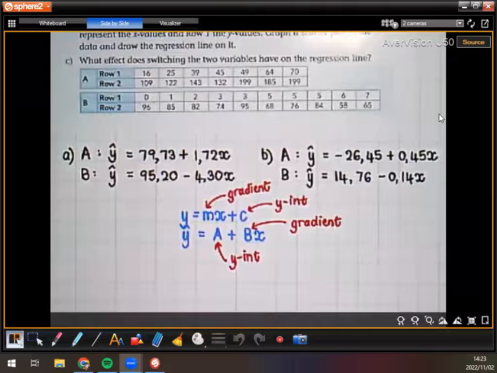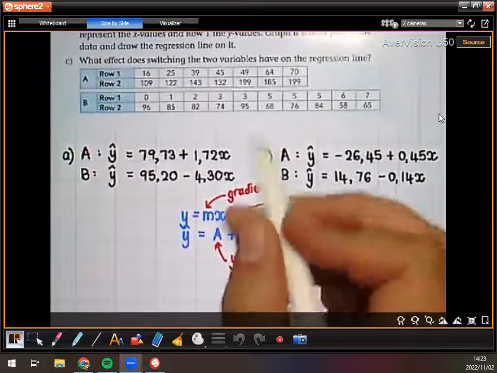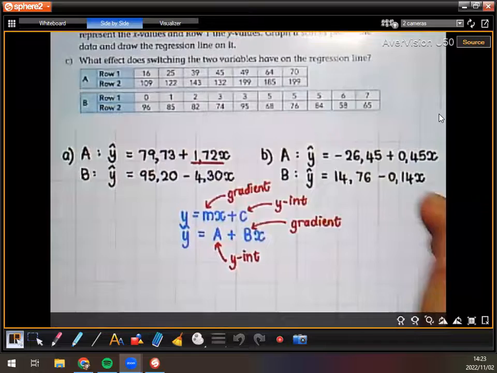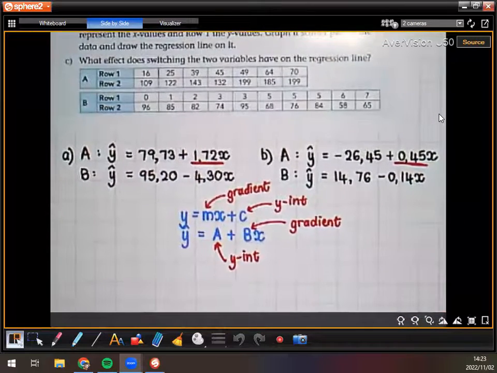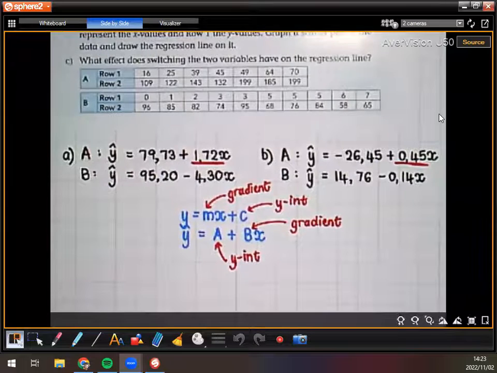I'm not really sure what they wanted us to say here, but if I'm just looking at my two gradient values, for example, for table A, they're obviously different, right? But that's not going to earn you a mark if they're asking you to compare the gradients. Guys, the higher a gradient value, the steeper the line is going to be. So if your gradient is 10 versus 2, the one with the gradient of 10 is going to be steeper than the one with the gradient of 2.